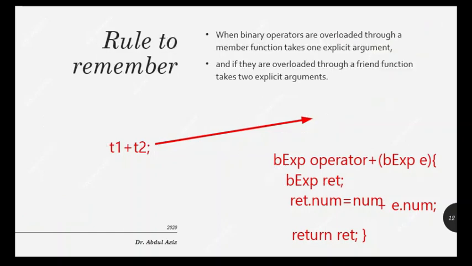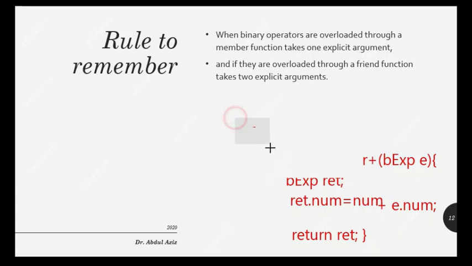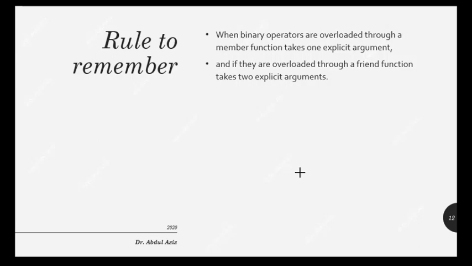Okay, rules to remember. Let me clear the screen first so you can easily view. Yes, so rules to remember while working with binary operators. Always remember, whenever you are using the operator overloading function as a member function, you just need to pass a single argument.